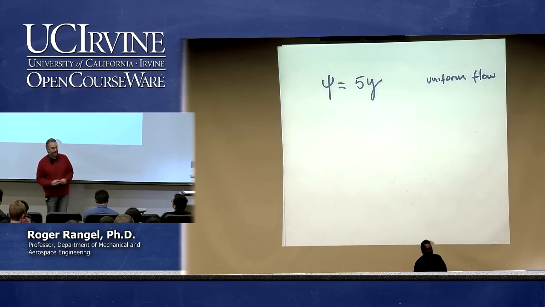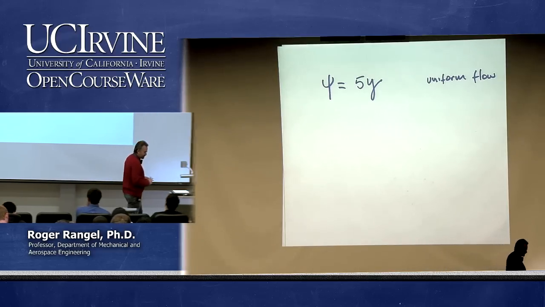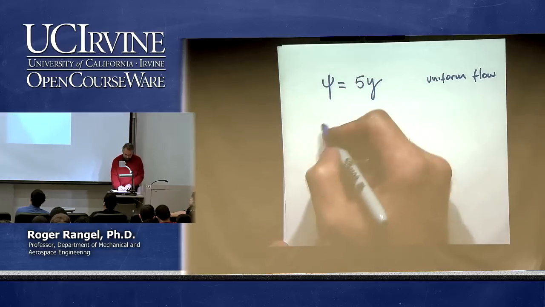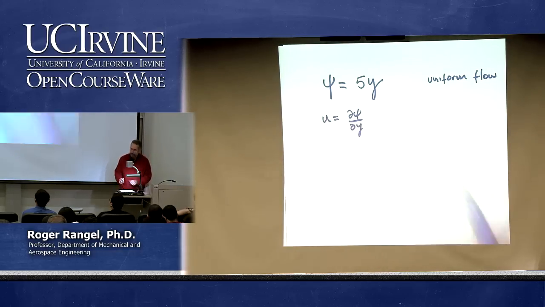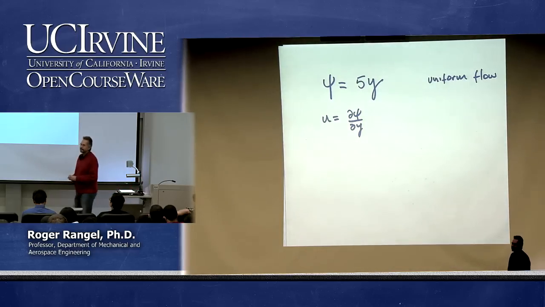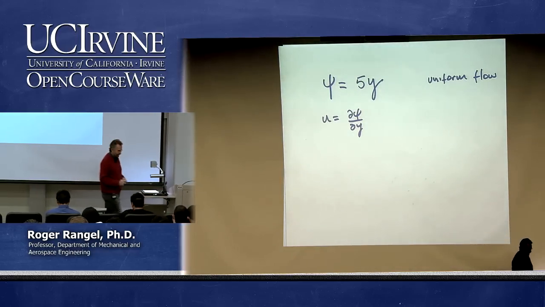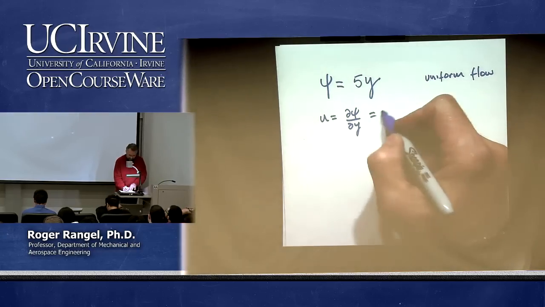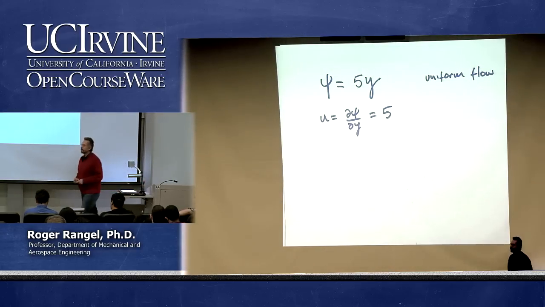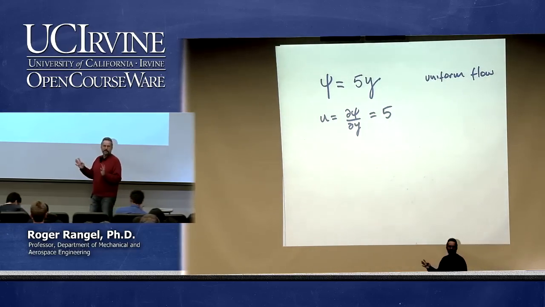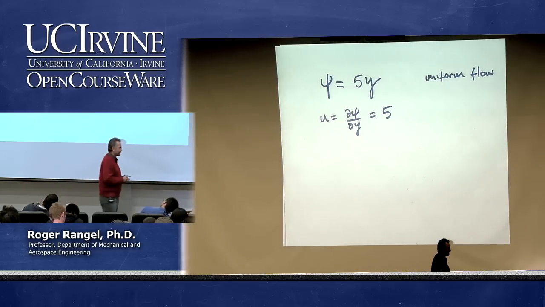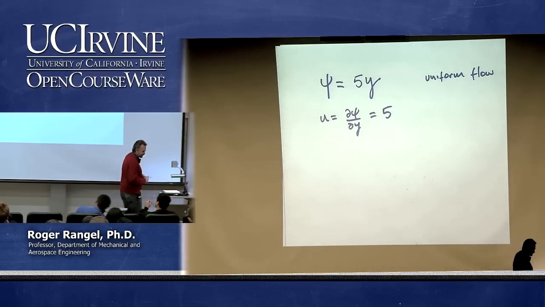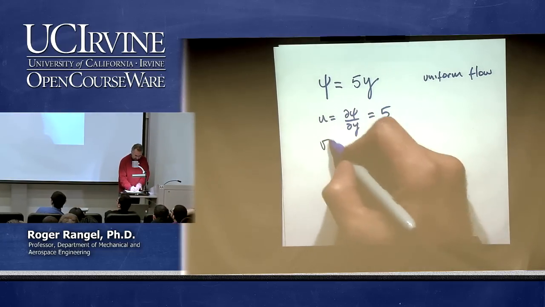In the x direction. Why? Because the u velocity is the partial of psi with respect to y, and that is 5. So this is a uniform flow with magnitude 5, whatever the units are, 5 units of velocity to the right, right? And v is 0.